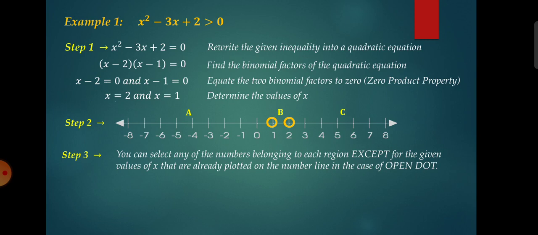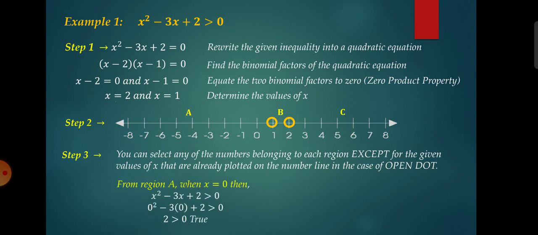Ang region A nag-compose of possible values from 0 to negative infinity. While ang region B, ang iyang value kay ang mga number or fraction in between sa 1 and 2, sama na 1.1, 1.2, 1.3, 1.4, 1.5, 1.6, 1.7, 1.8, 1.9, wala butang 2. While region C, nag-start yung values, pinakagamay, 3, padong positive infinity.